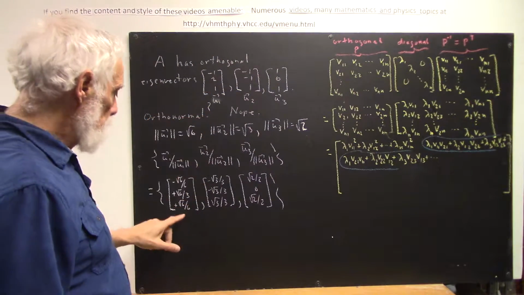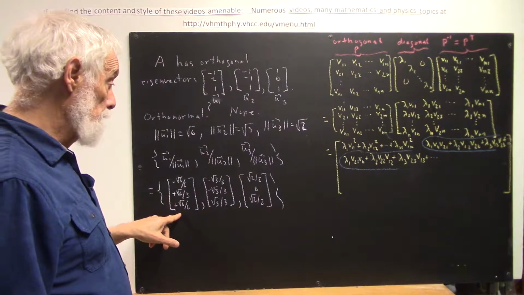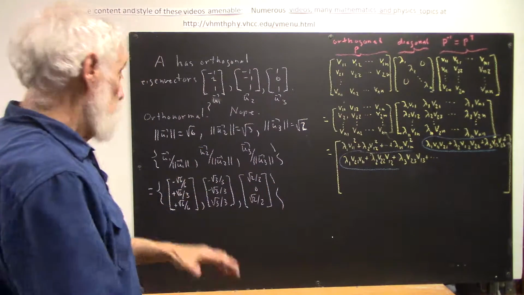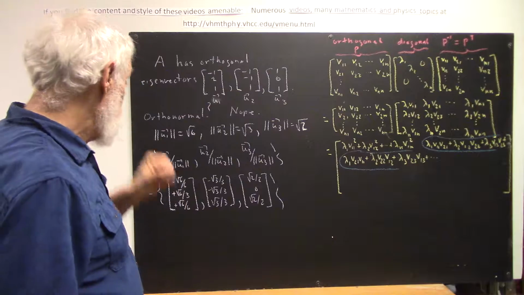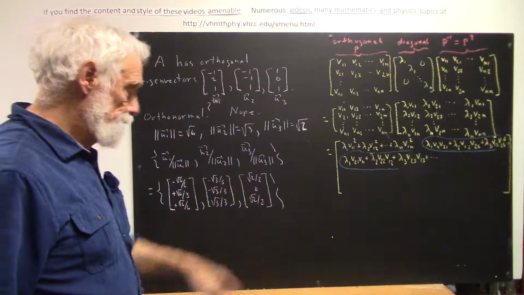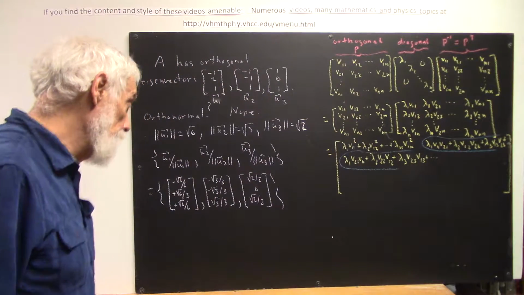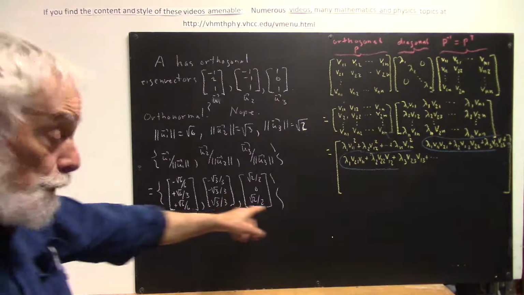And 1 over the square root of 6, again, is square root of 6 over 6. Now, I'm not going to read them all to you. You can do these divisions. You learn how to do this in Algebra 1, so you know how to divide by a square root and rationalize it. So there we have it.